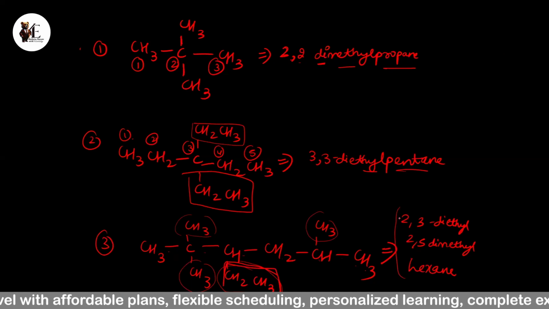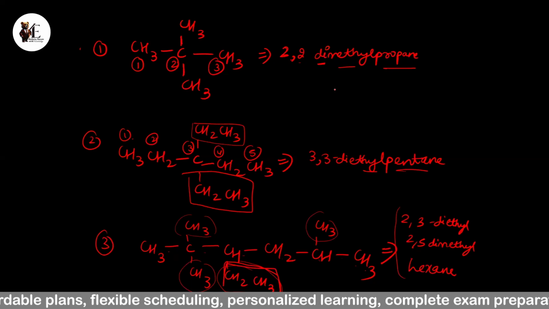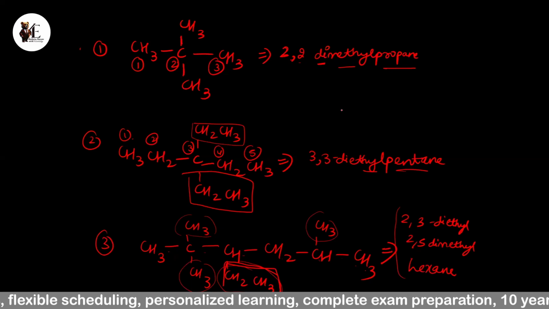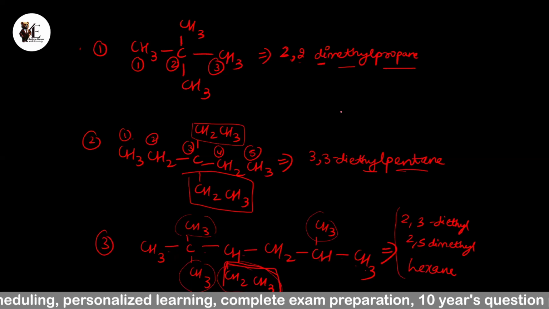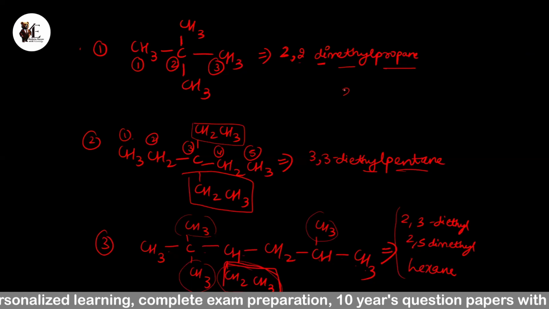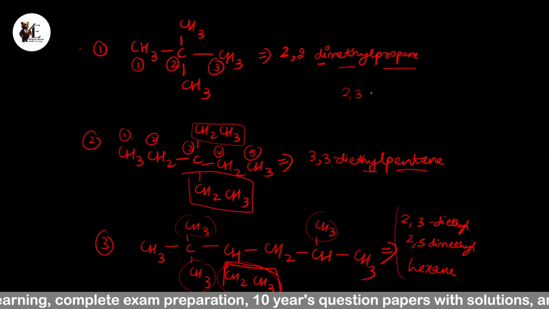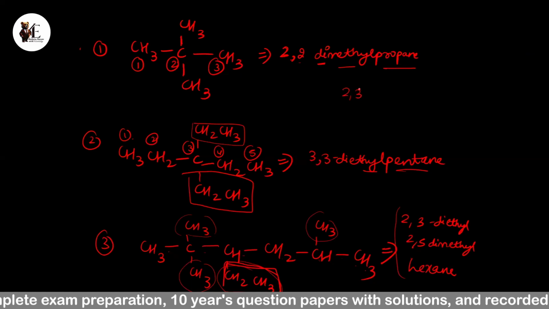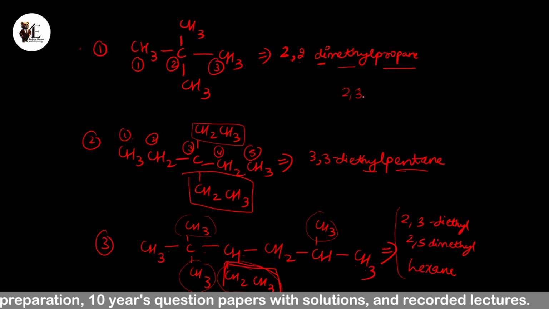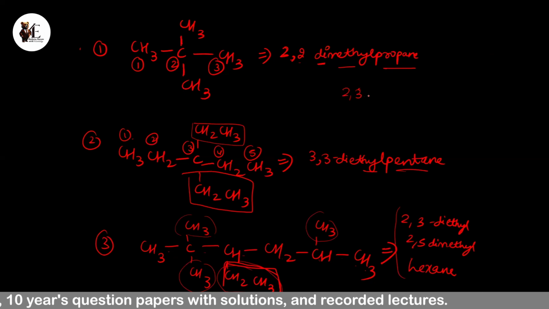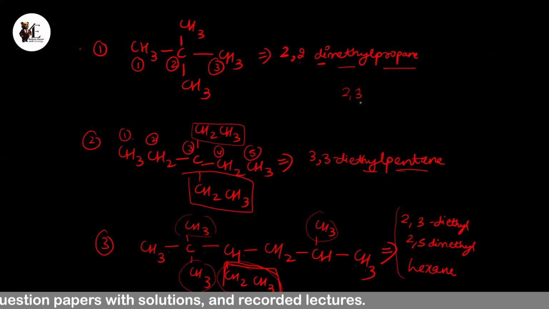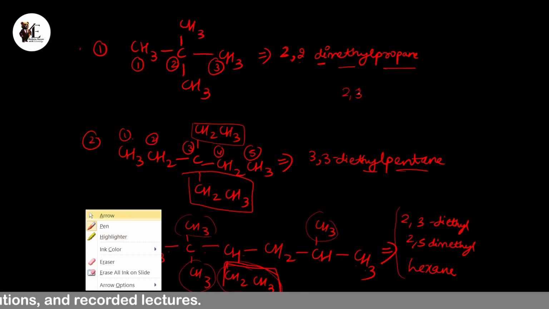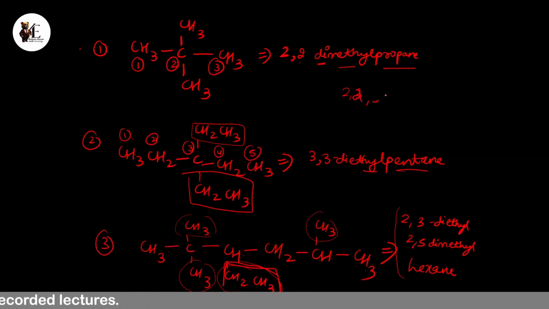What is the name of this compound? 2,3,5 or 2,3,5? It would be 2,2,3. 2,2,3. 5 also then.